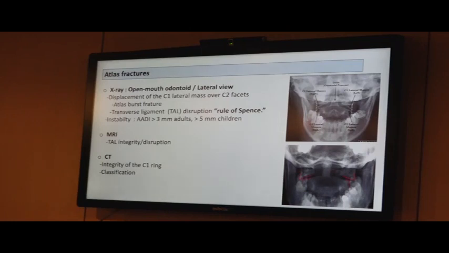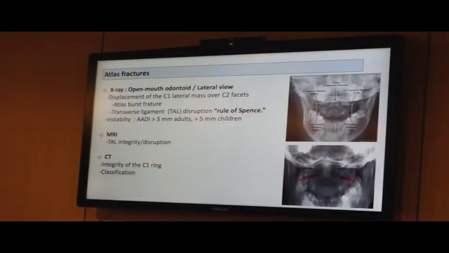This is the rule of Spence. Measurement over this number denotes a rupture of the transverse ligament and the need for accessory ligamentous stabilization.